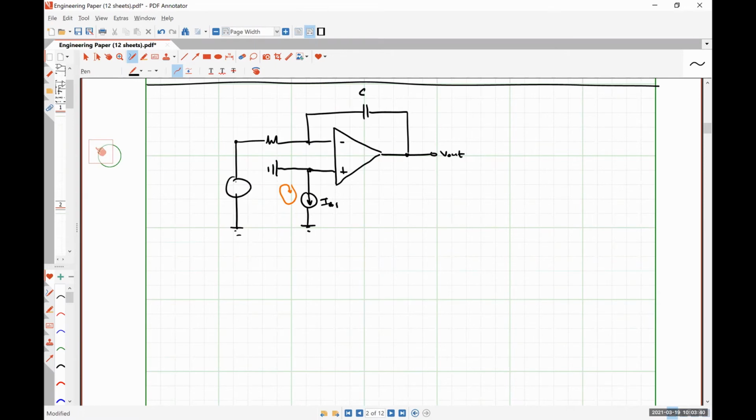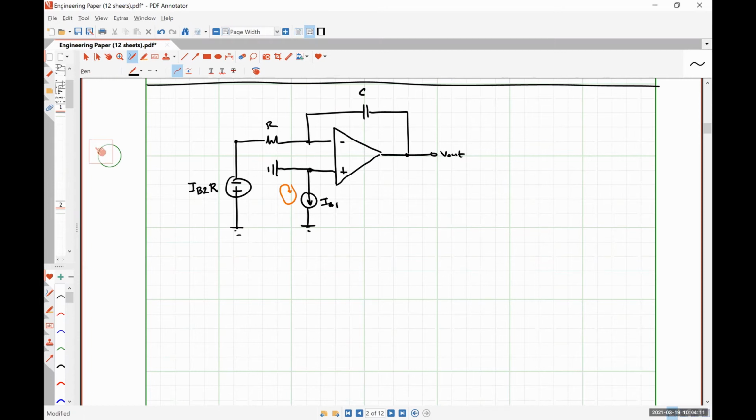Since the arrow is pointed down, the positive polarity terminal should be on bottom, negative polarity terminal should be on top. So it will have a value of IB2 times R, just using our good old-fashioned source transformation notes. So now this guy looks exactly identical to our basic integrator.